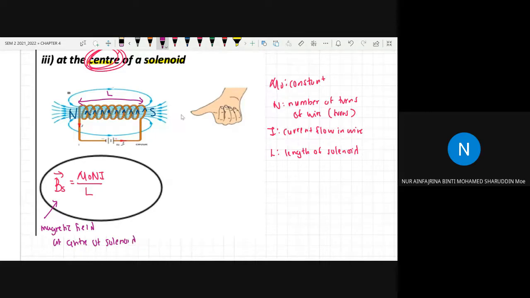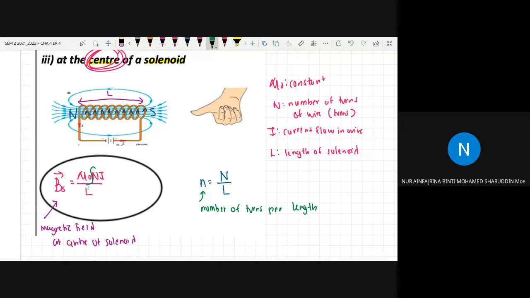And one more thing, okay. Kita akan ada number per length. Okay, this is number of turns per length. N kecil adalah number of turns per length. Sometimes in question, dia tak bagi tau number of turns dengan length. Tapi dia bagi number of turns per length. So means we boleh substitute nilai tu terus lah.